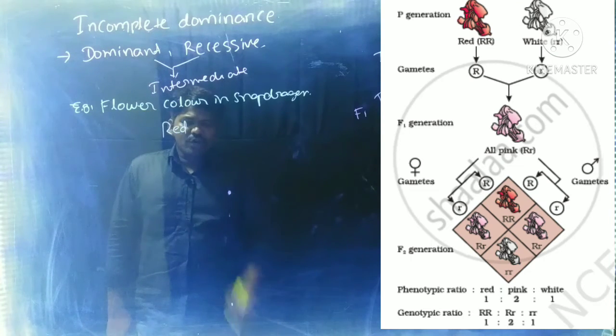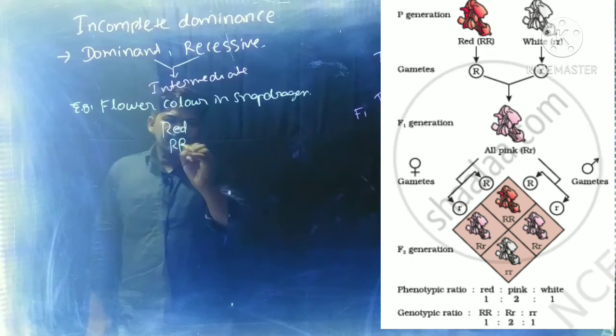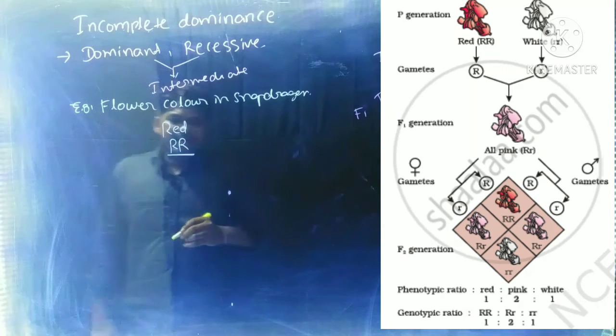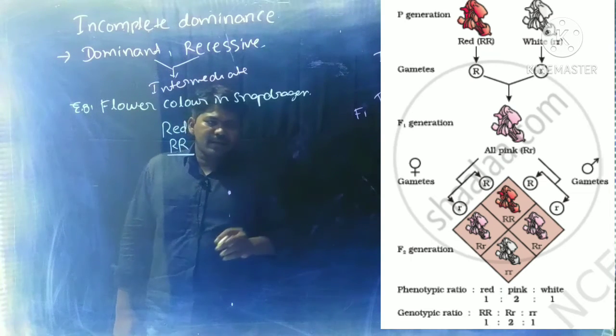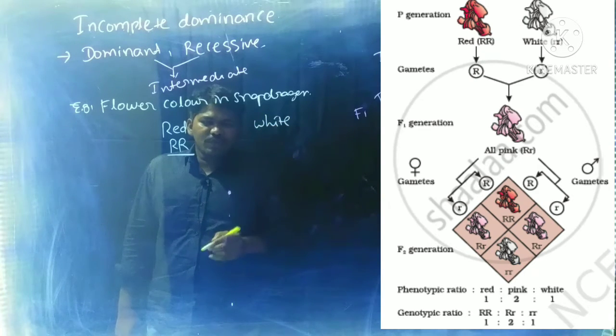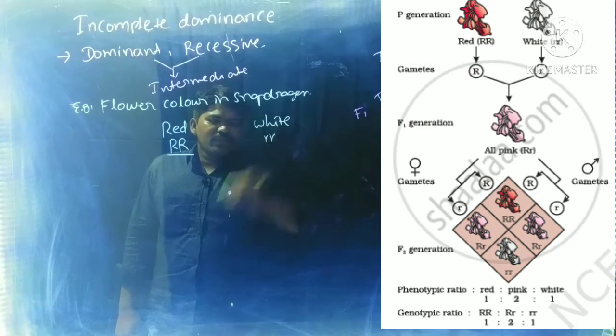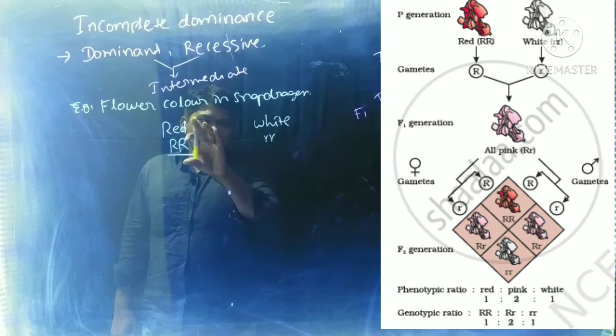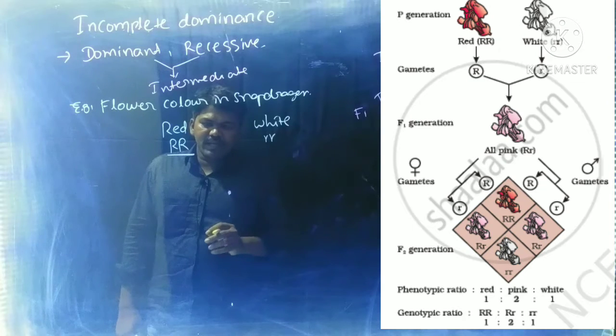Red is the dominant character. The genotype of the red color flower plant is capital R, small r. Then white is a recessive phenotypic character, and the genotype of the white color flower is small r, small r. Red is the dominant character, white is the recessive character.